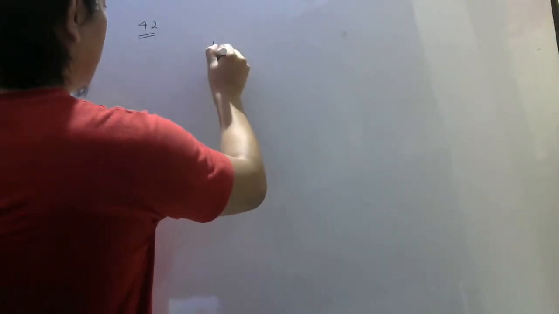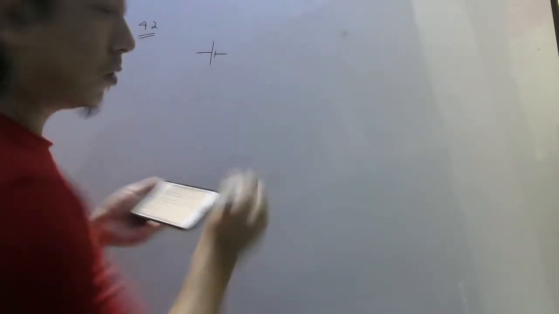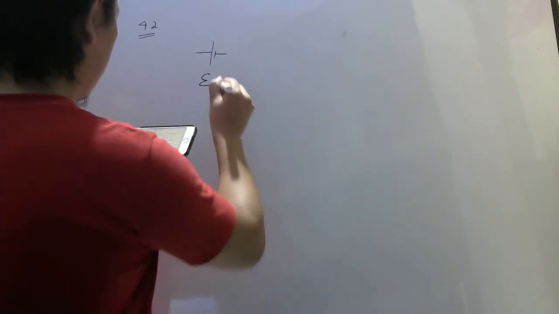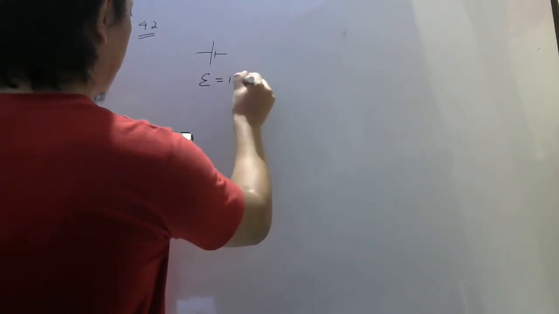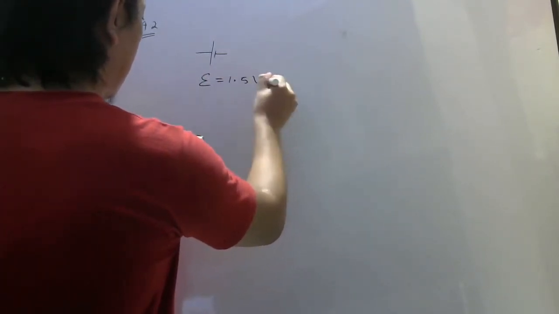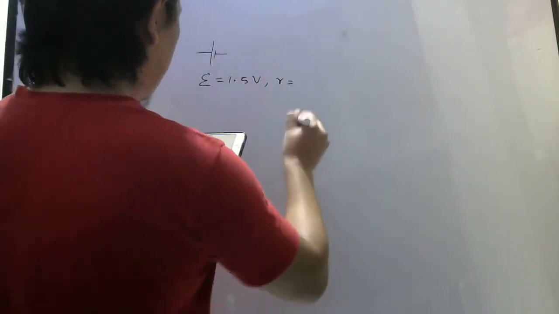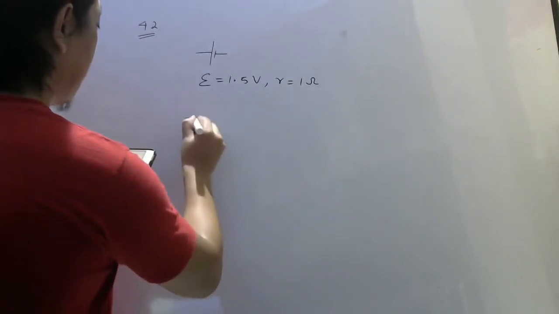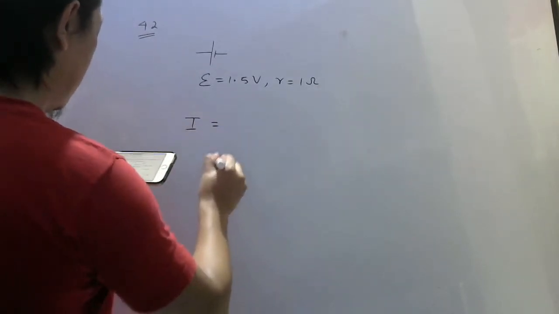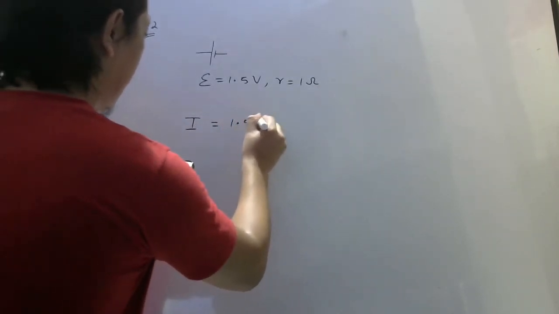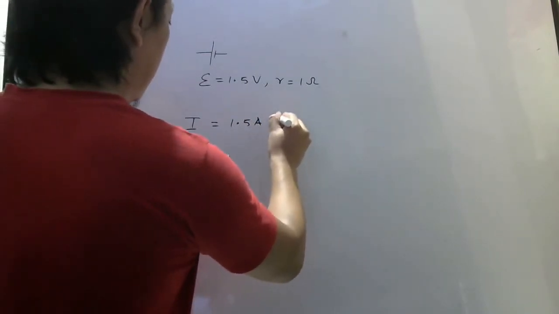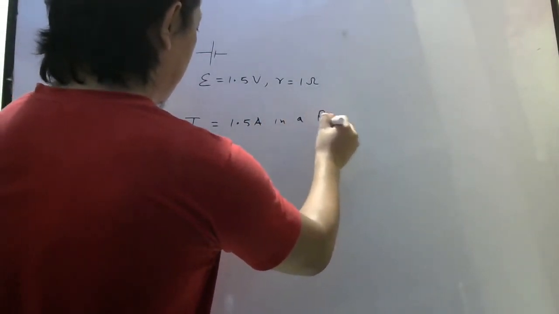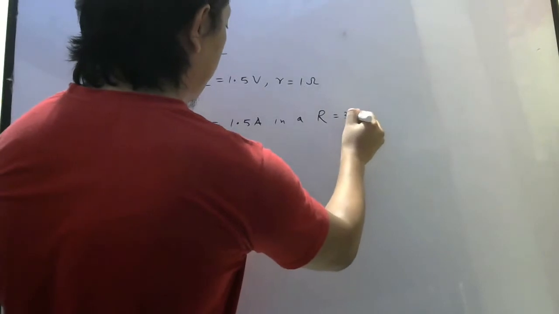Imagine you have one cell whose EMF is given 1.5 volt and internal resistance is given 1 ohm. They want the maximum current to be 1.5 ampere in an external resistance of 30 ohm.